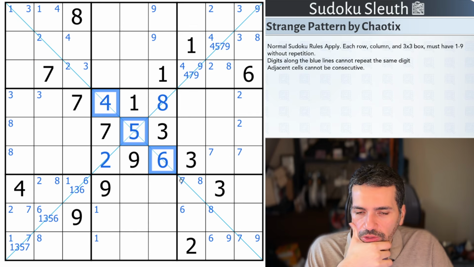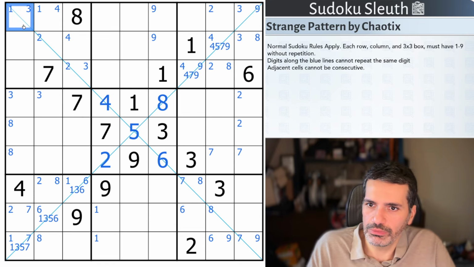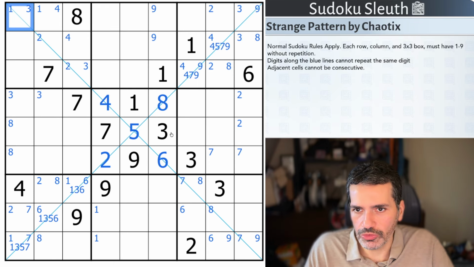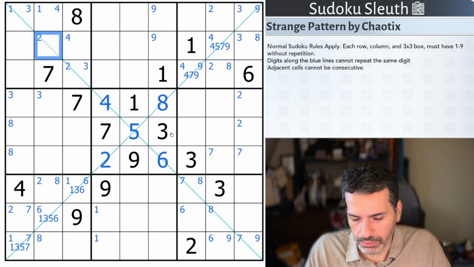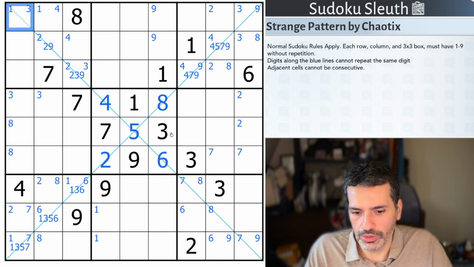With having 4, 5, and 6, it's kind of helpful to focus on low and high digits. So let's just do that. So essentially, the 2 and the 1 and the 9 are the ones that are not placed. So this could be 2, 9, and this could be 2, 3, 9, and this is 1, 3, 9.